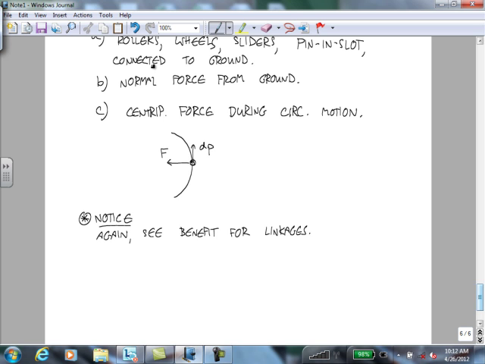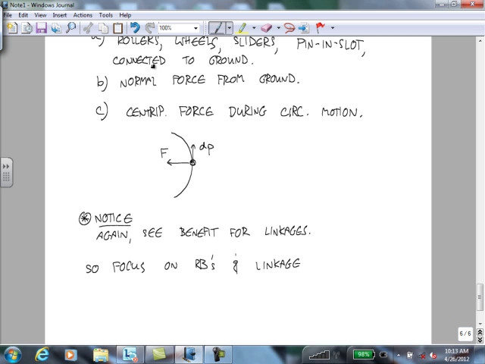So now we're going to focus on how to do these calculations, okay? So now we're going to focus on rigid bodies and linkages.